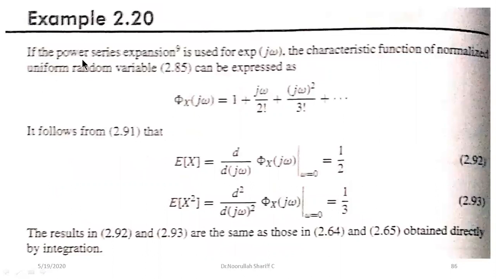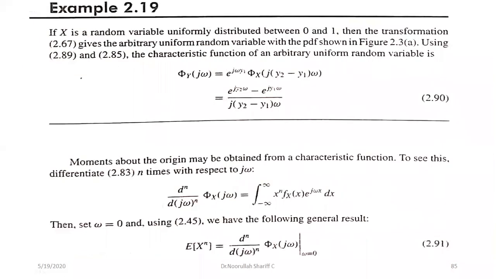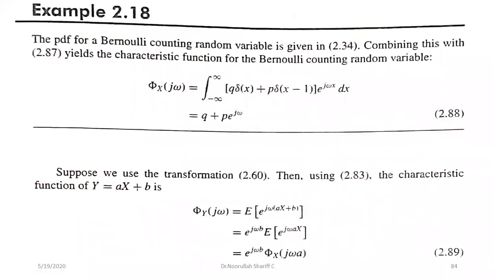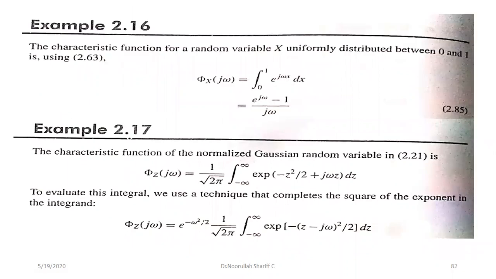Okay. Next, if the power series expansion is used for the exponential of j omega, the characteristic function of the normalized uniform random variable can be expressed as 1 plus j omega by 2 factorial plus (j omega) squared by 3 factorial plus, etc. We might have written this over here for the uniform random variable.